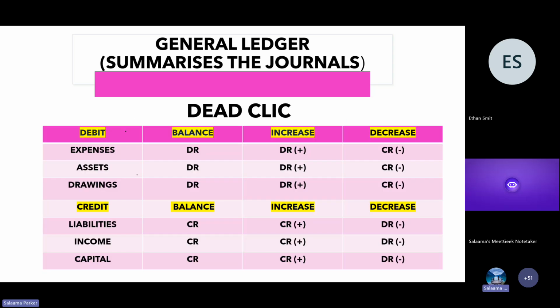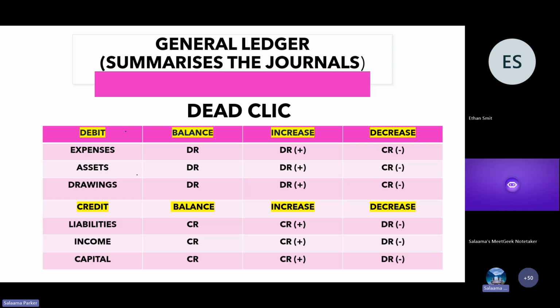Debit credit. Okay, again, in Learning Unit 2 we could not stress enough the importance of your debit credit rules. Here again, I've given you a reminder that your expenses, assets and drawings all have debit balances. They increase on the debit side and decrease on the credit side.